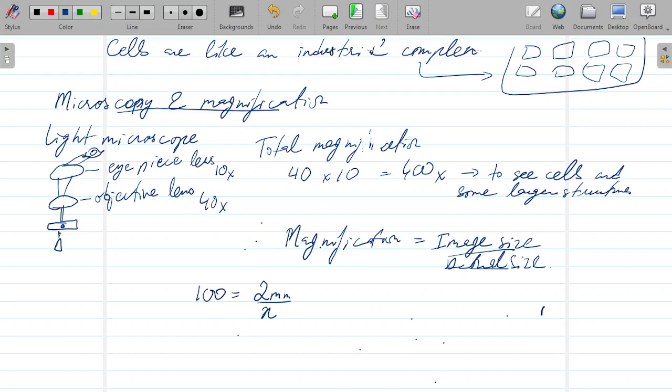So you just move those things around, and you can get the actual size, which is x, 2 divided by 100, which will give you 0.02 millimeters, which is pretty small. So that is the actual size of a particular cell or whatever it is that you are seeing.